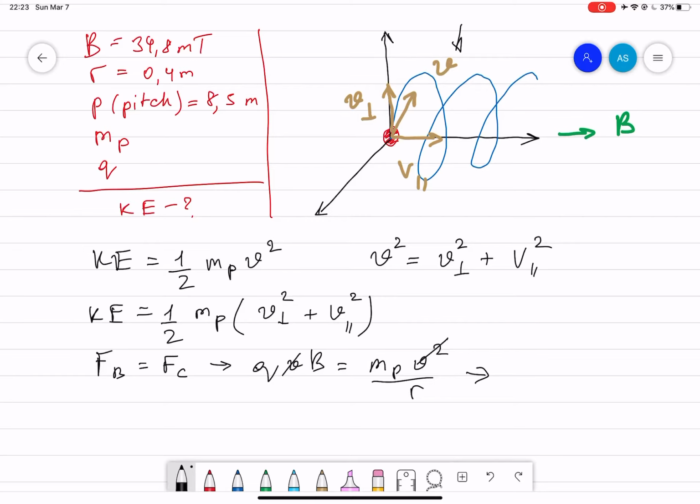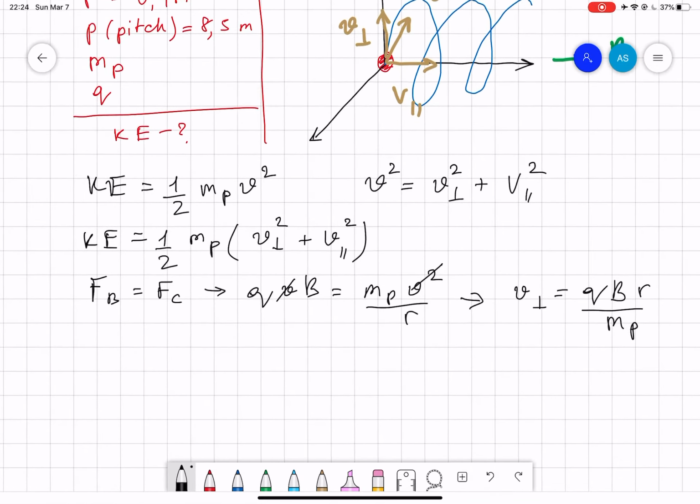Then what we're going to get, we have to find a v here, so that v perpendicular is QBR divided by the mass of the proton. Okay, now if you plug in the numbers, then you should get v perpendicular.